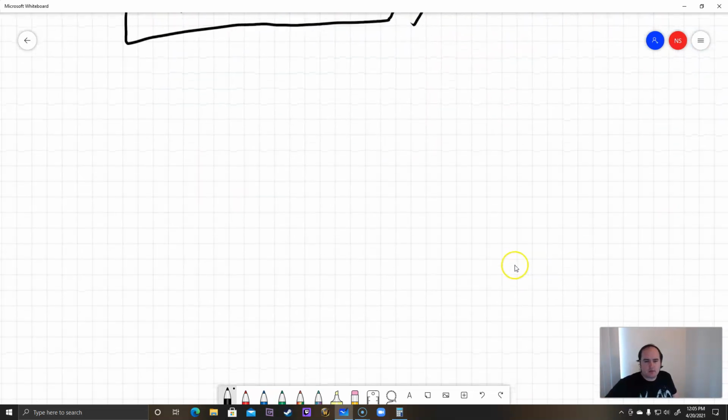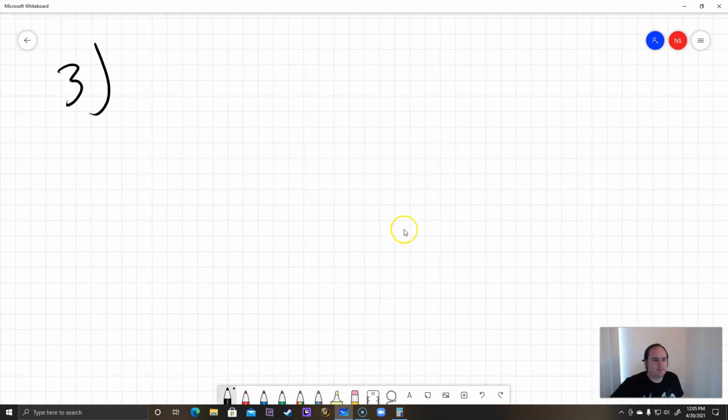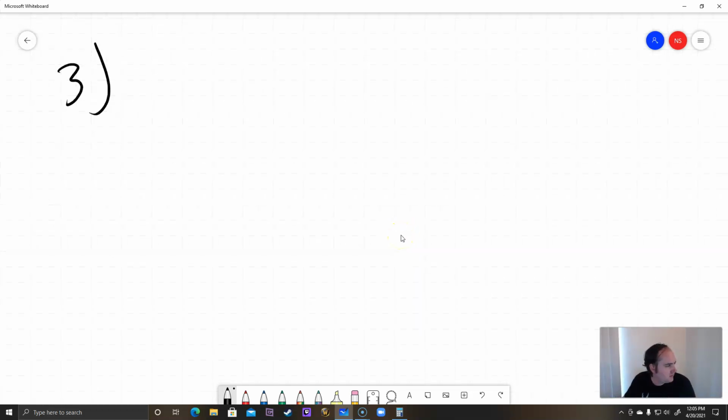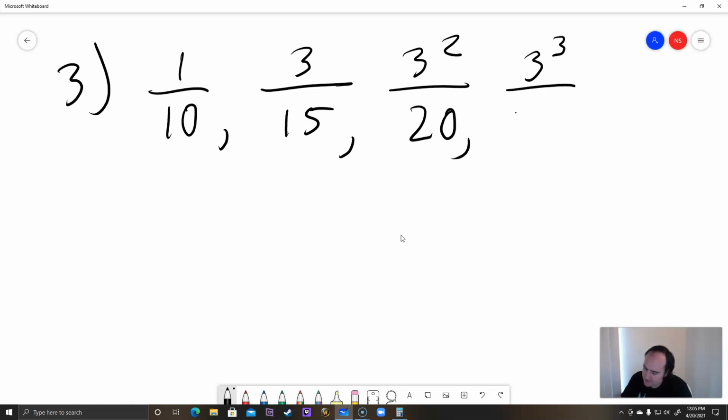Okay, so let's do another example. So this is example number 3, and for this one, we've got 1 over 10, comma, 3 over 15, comma, 3 squared over 20, comma, 3 cubed over 25, comma, dot, dot, dot.